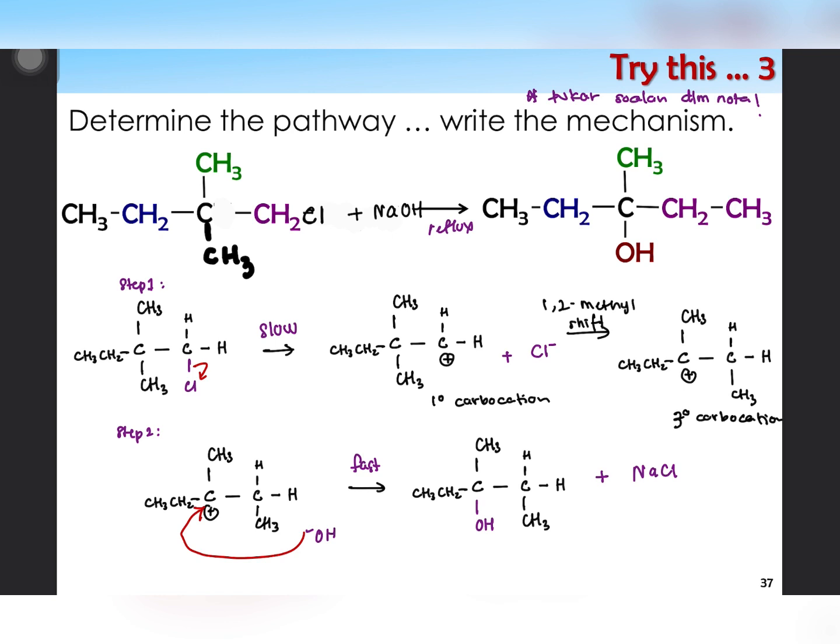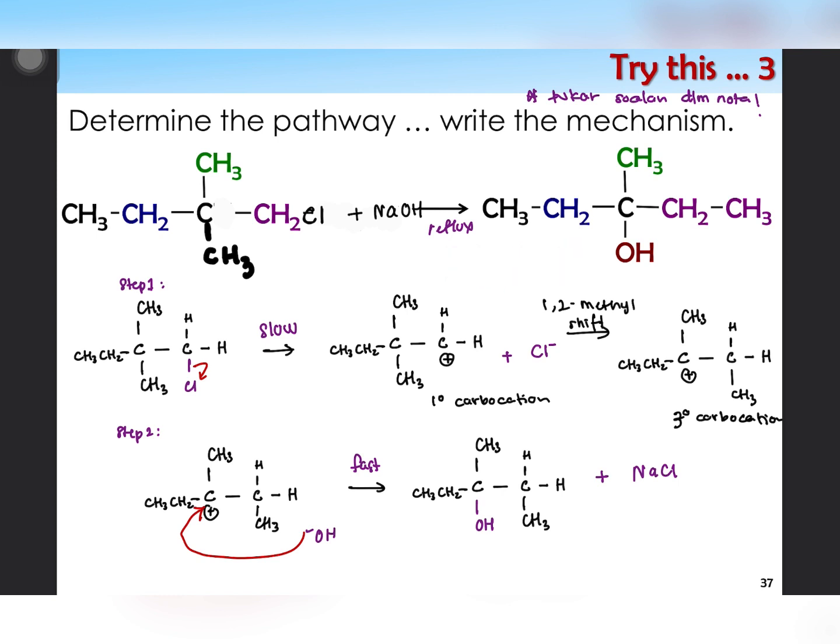Okay, so the first step is a slow step. So halogen akan leave the group, Cl will leave as Cl minus ion, and you will form a primary carbocation ion here. Okay, carbocation. So primary carbocation is least stable. Yang paling stable tertiary, secondary, primary.